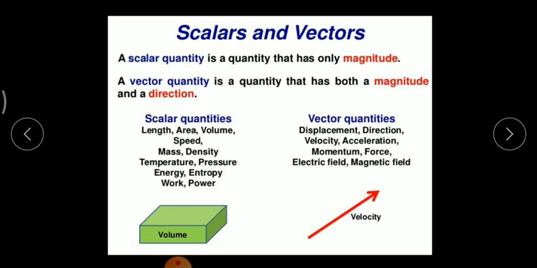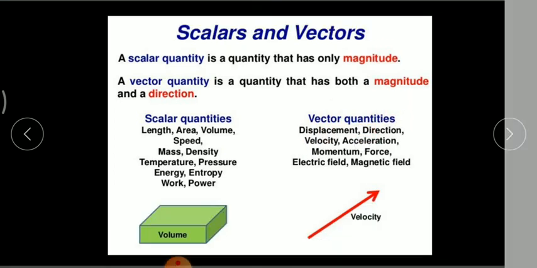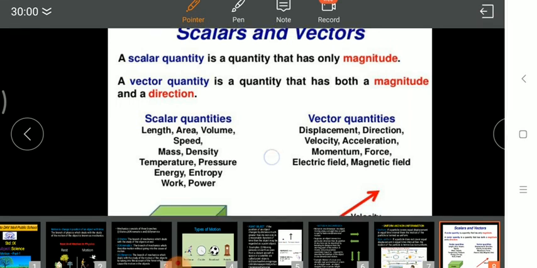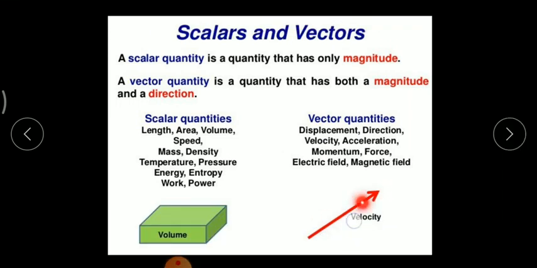These are all scalar quantities, which do not depend upon direction, only upon magnitude. Whereas vector quantities are those like displacement, velocity, acceleration, momentum, electric field, magnetic field. Vector quantities are represented with an arrow.